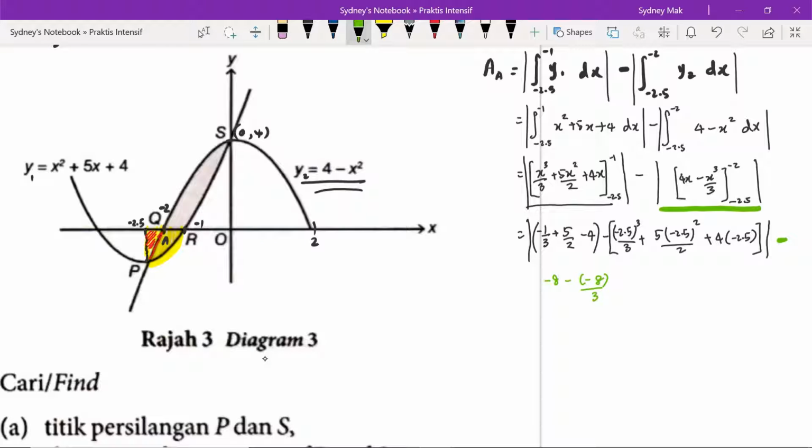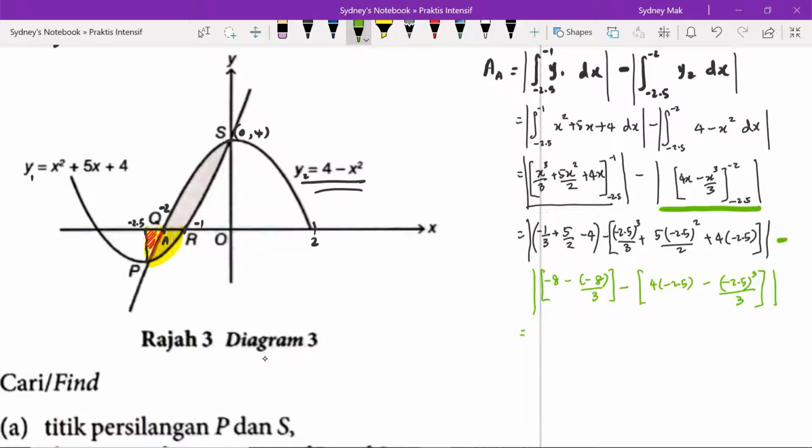So for this one, we have to minus the same function, but with negative boundary, the negative of 2.5. Substitute -2.5 in, so minus -2.5 cubed over 3. Okay, put the modulus.